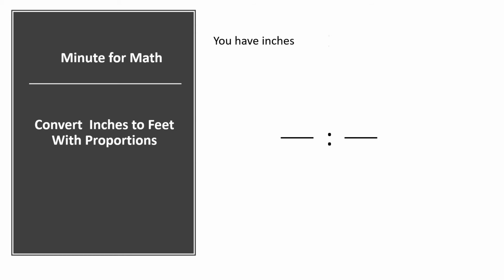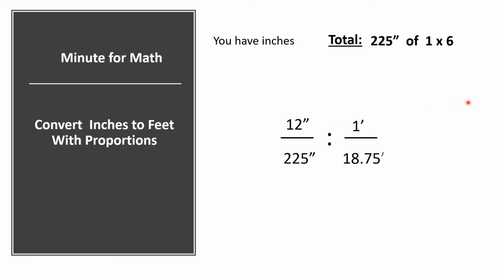All right. In our situation, we got 225 inches. So if we got 225 inches, we know there's 12 inches in 1 foot, and we got 225. You could do it this way: 225 times 1 divided by 12 equals 18.75 feet. That's easy.